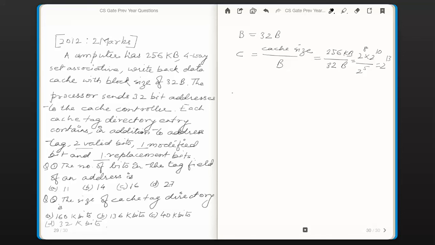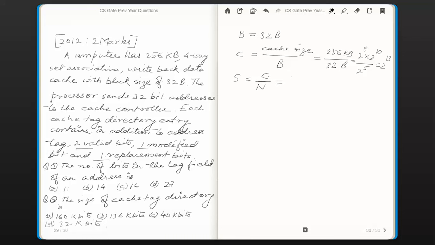Next task is to find out the number of sets. Because this is a 4-way set associative cache, number of sets is given by number of cache blocks divided by n, where n stands for n-way set associative.